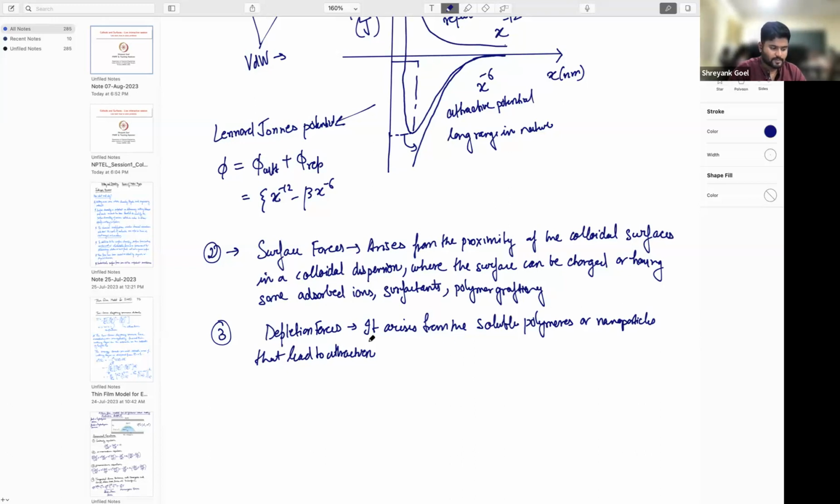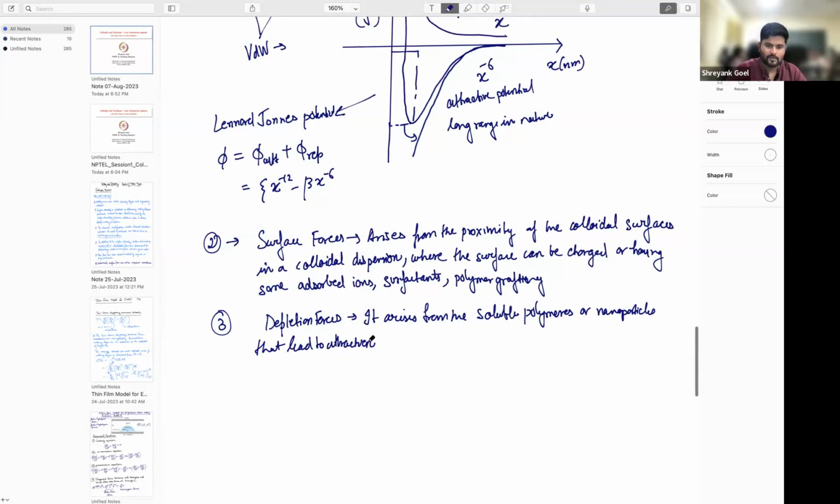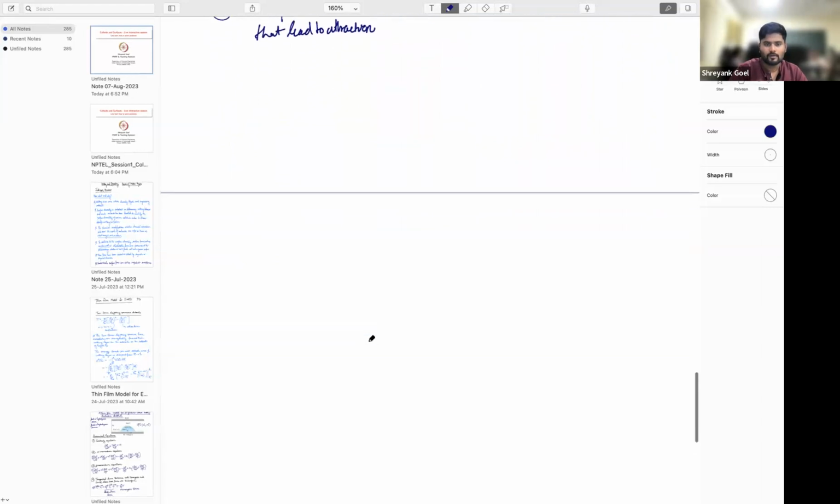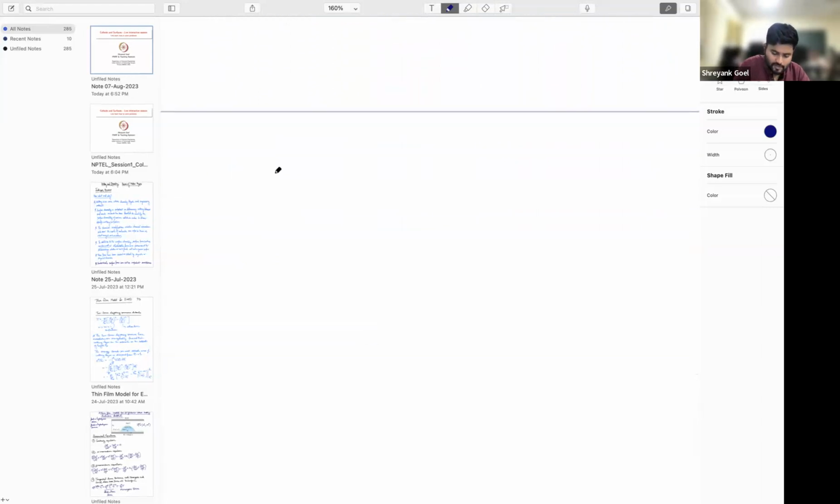So this is all about what we have discussed. Then most of the part of the lecture is on dynamic and static light scattering. So we have time. Yeah, we have time. Light scattering techniques.